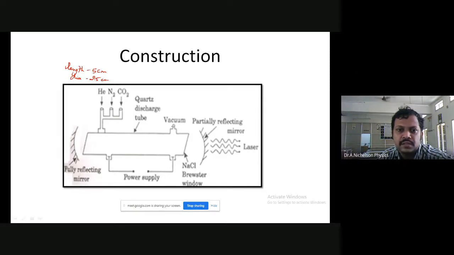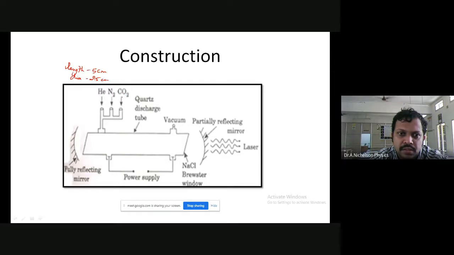At first you have to evacuate it by connecting it to the vacuum pump, in order to avoid any reactions. So completely evacuate this quartz discharge tube, and there is a provision to feed helium, nitrogen and carbon dioxide.